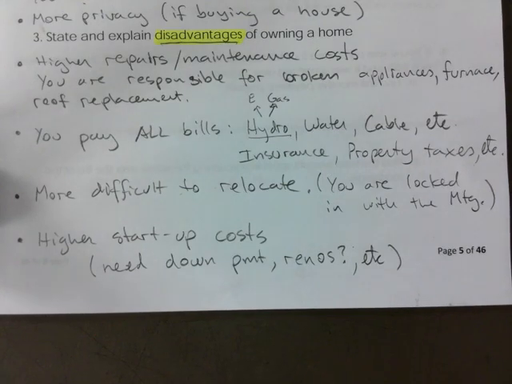You need a lot more money to get a house than you need to rent. For rent, you need a deposit, maybe half of the rent. Let's say rent is $1,200. Most landlords are going to charge you half of rent, and they're going to keep it until you move out. If you wreck the place, they're going to hold on to that deposit, right? So there we go. That's pretty good for this page.